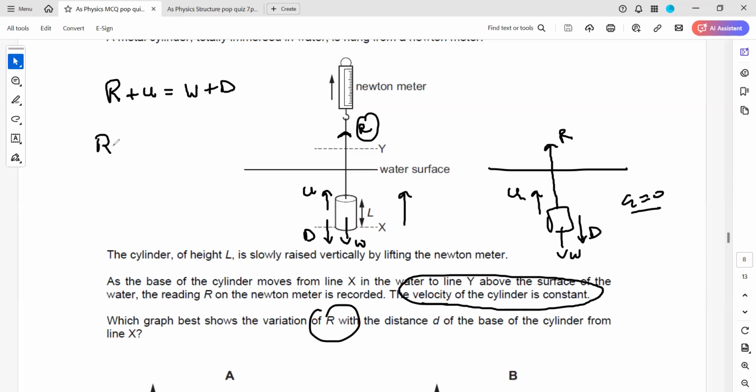Or I can say R plus upthrust minus weight minus drag equals 0. Why equal to 0? Because this object is not accelerating, its speed is not changing. If it's moving at a constant speed, the resultant force should be 0. Is it clear up to this point, the forces?